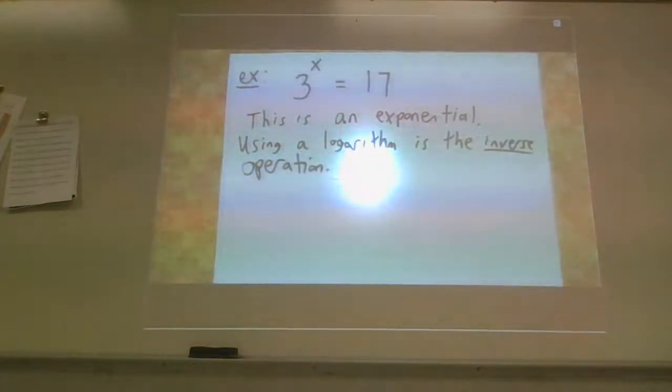What the heck is a logarithm? A logarithm is the inverse to exponentials. A logarithm will cancel an exponential out. Using a logarithm on this particular problem will cancel out the 3 and leave you with the x.